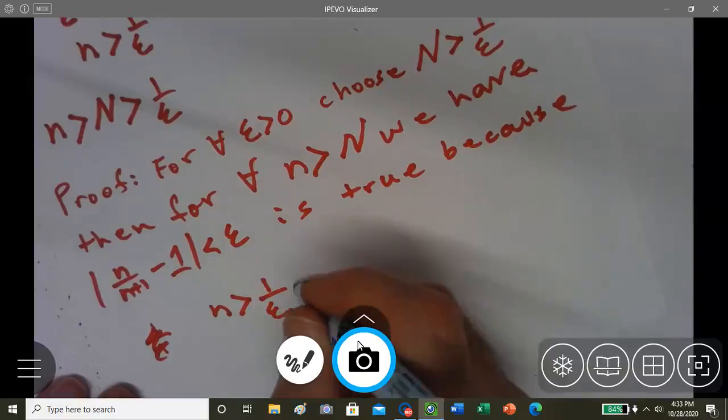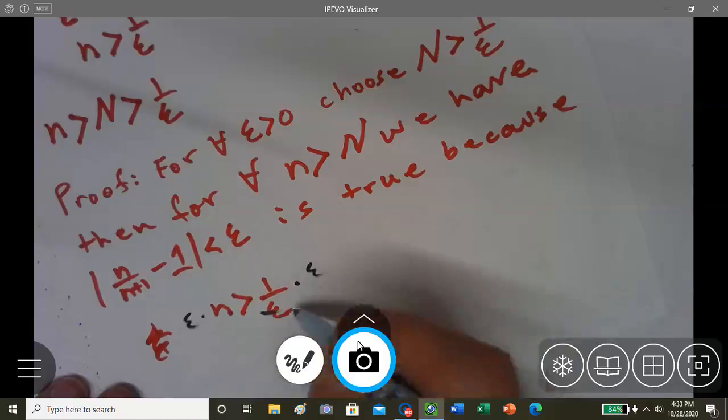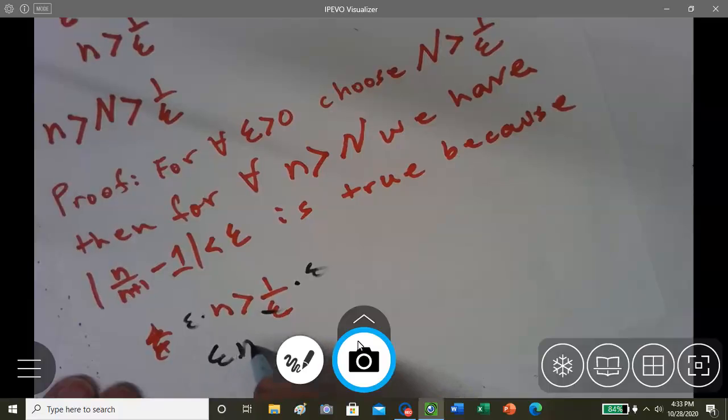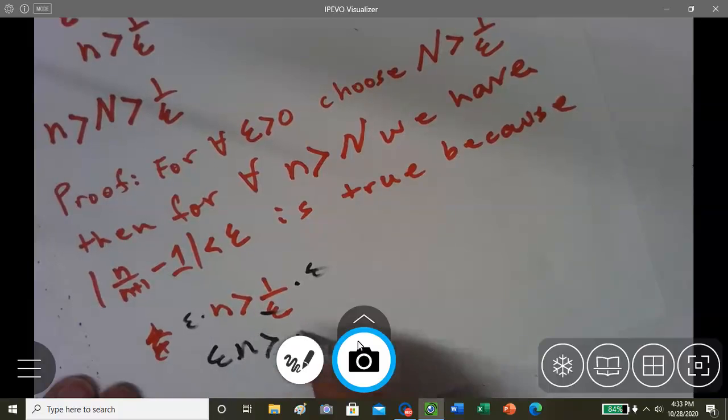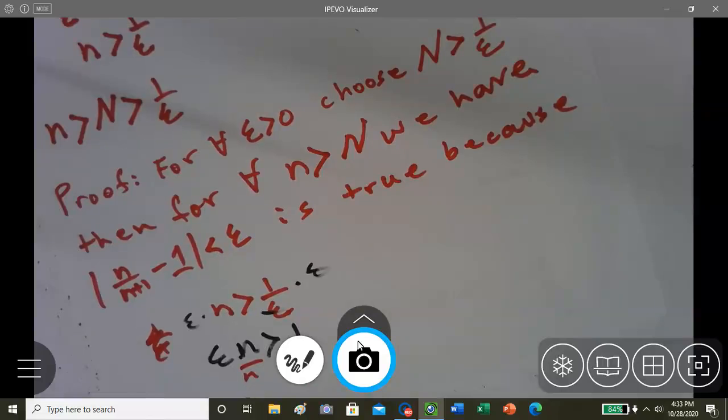So if we multiply epsilon to both sides, we get epsilon times n is greater than 1, and then from here we can divide n to both sides, and so that's epsilon is greater than 1 over n.